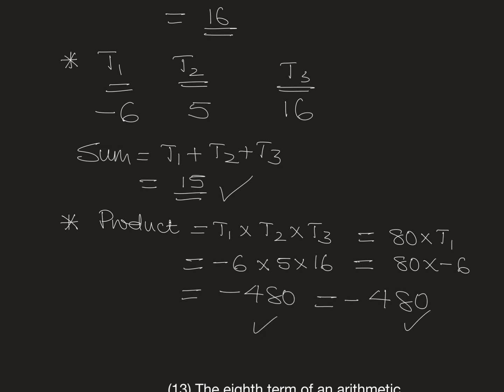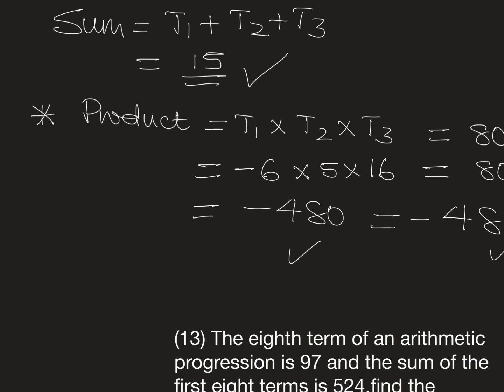So if you divide minus 480 by minus 6, you are supposed to have 80. So it means the product of the first three terms is 80 times the first term. This answer is correct, so we have been able to confirm it.